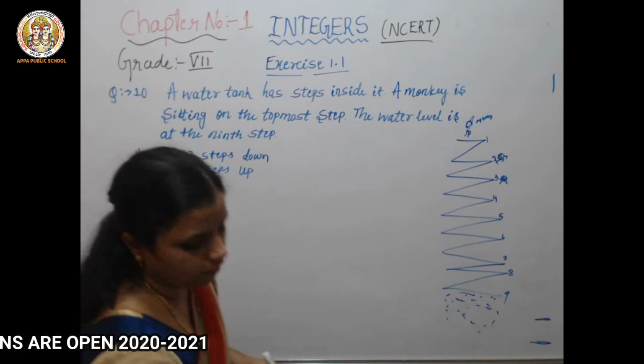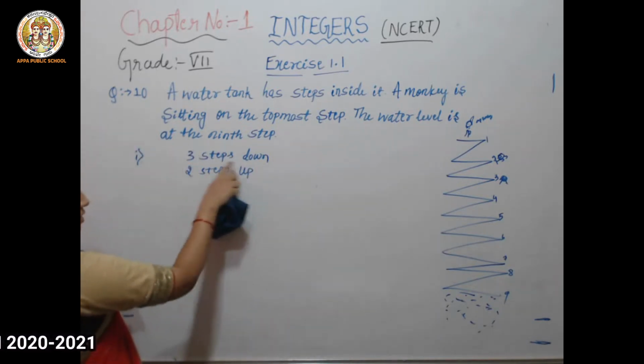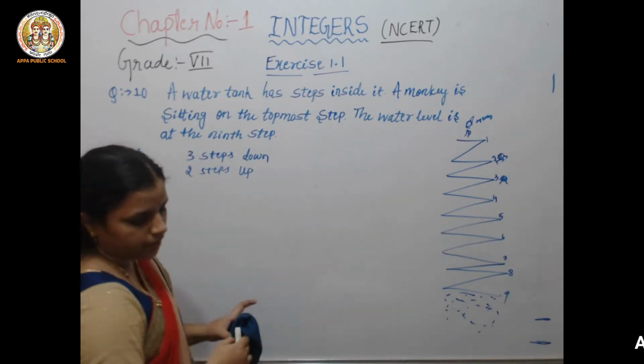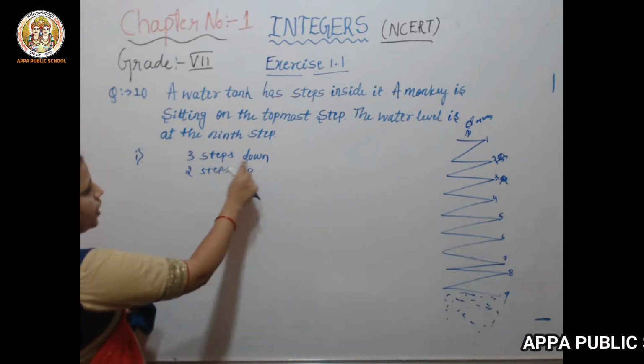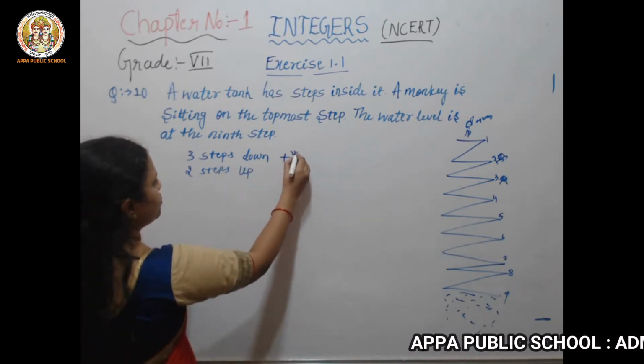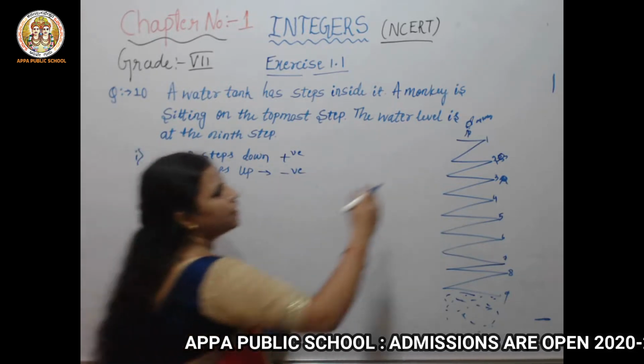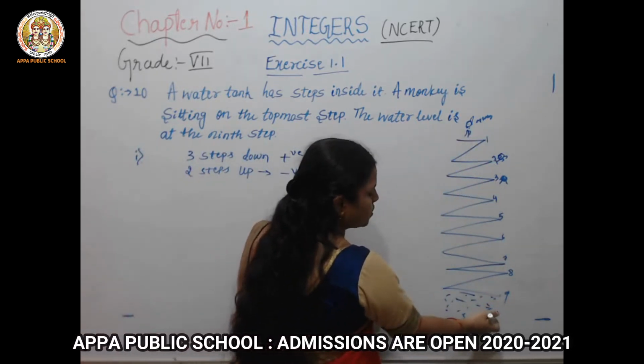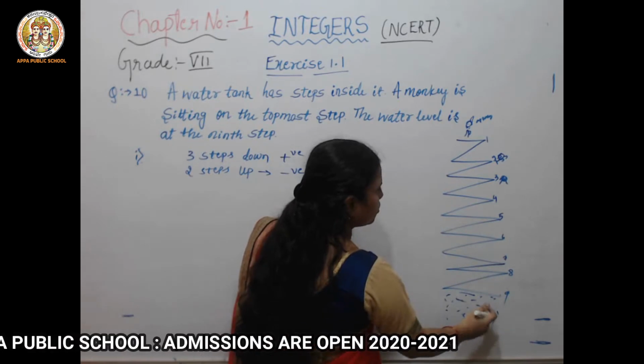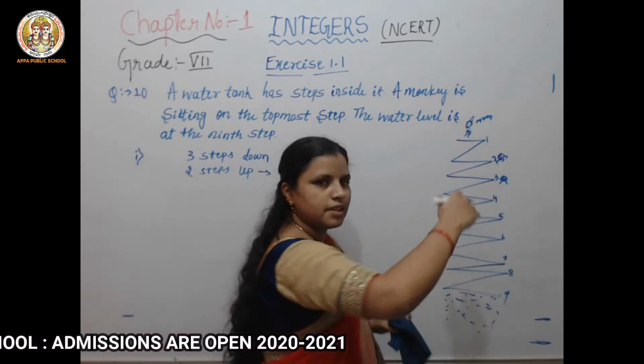Then how to solve it? One more thing: we will take the step down as positive and the step up as negative, because to reach the water level it should be positive, and the reverse of that is negative.